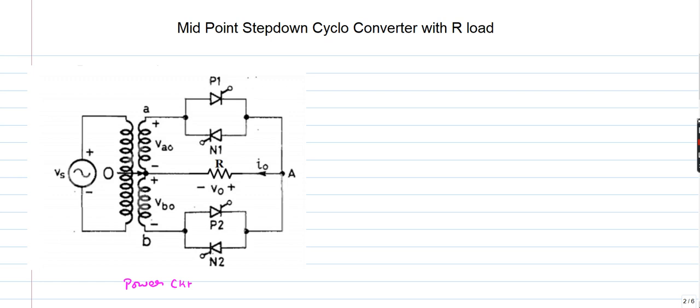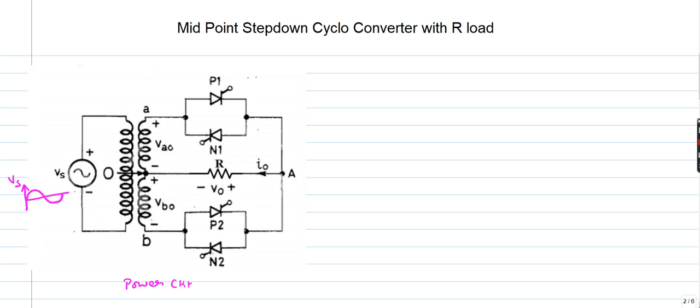If you see, we have different names for the 4 thyristors: P1, N1, P2 and N2. If you understand these namings of the thyristors, the understanding of the principle of operation becomes very easy. We'll try to analyze those things now. Let us assume I have a source voltage Vs here, which is given to the primary of the transformer.